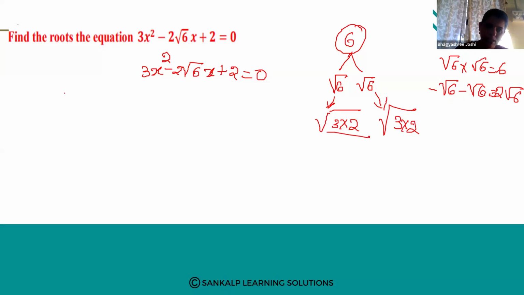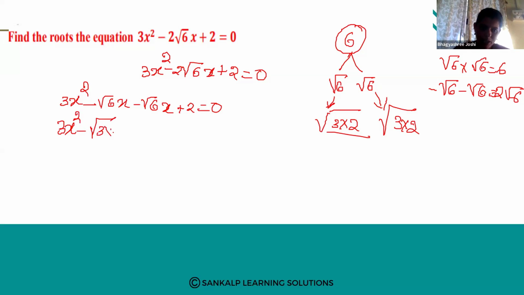Now 3x square minus root 6x minus root 6x plus 2 equal to 0. So again, 3x square minus root 6x can be written as root 3 into root 3x, and root 6 as root 3 into root 2, so root 3 into root 2x minus root 3 into root 2x plus 2 equal to 0.